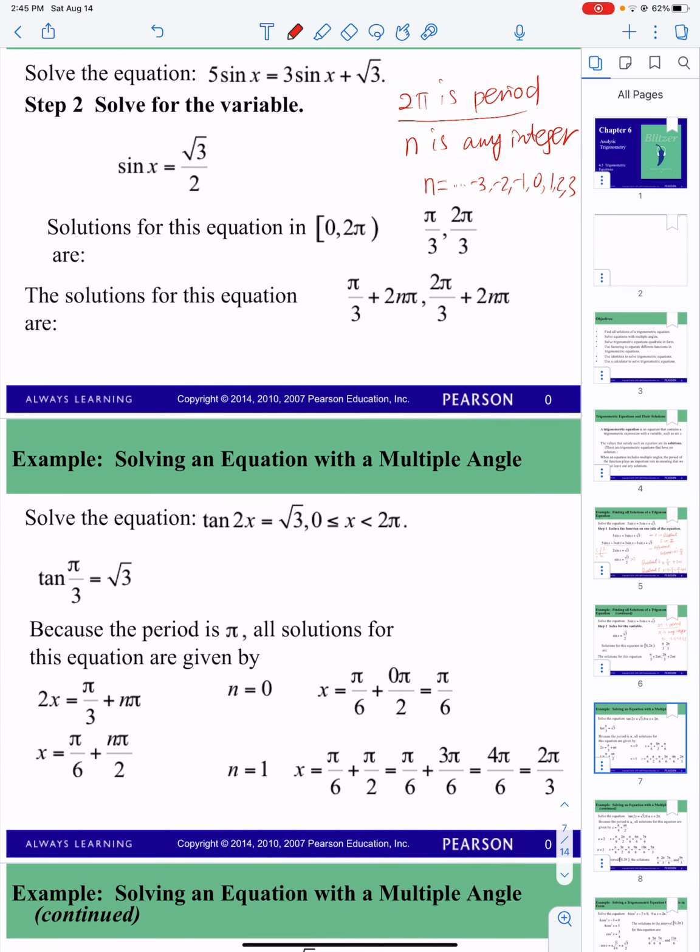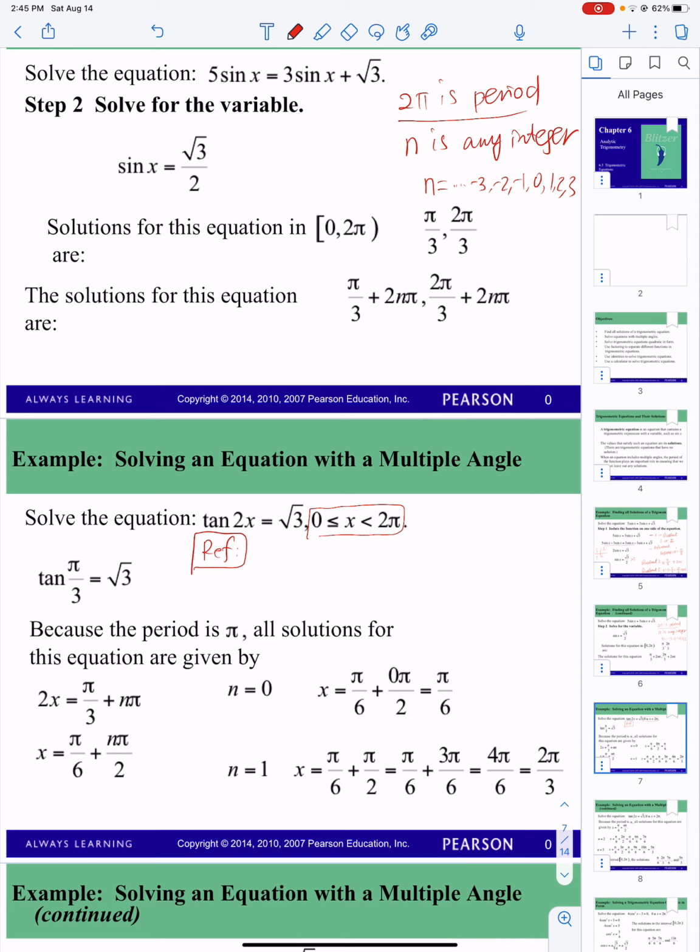Okay, so tangent of 2x equal to square root of 3. What do we want to do here? First thing, 0 less than x less than 2 pi. First, what will be the reference angle?